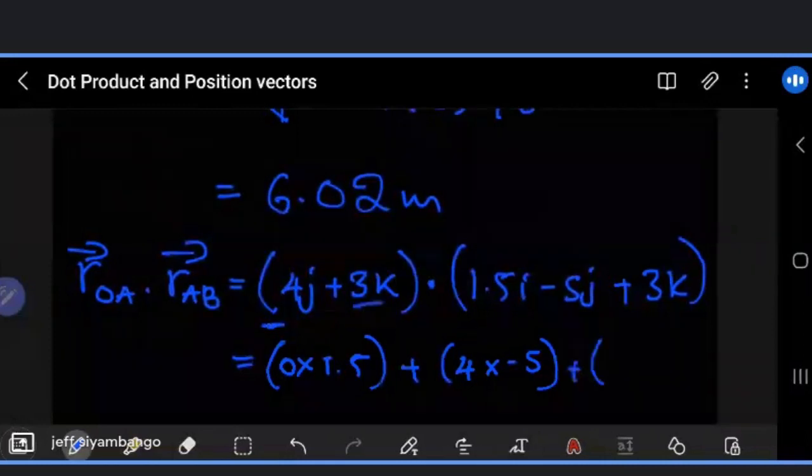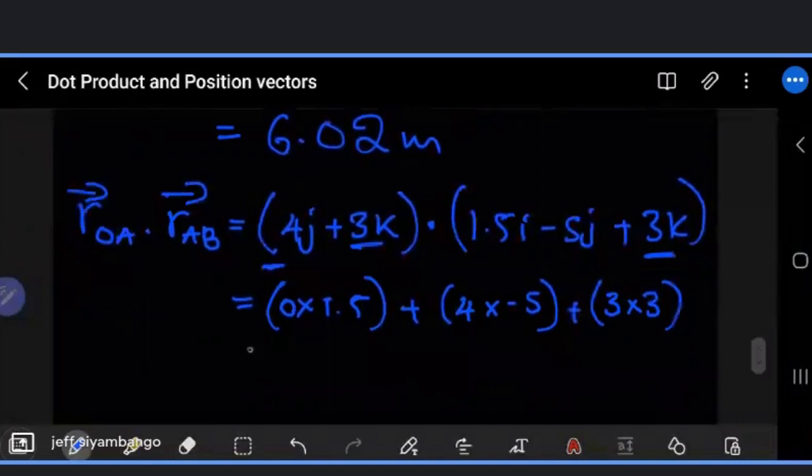That's 3, and that's a 3 there as well. So we have 3 multiplying 3. And then again, k dot k will give us a 1. So again, dot product, it's always like for like. Cross product, the like for like always disappear. We only have the different ones.